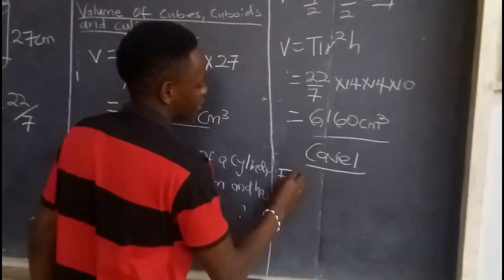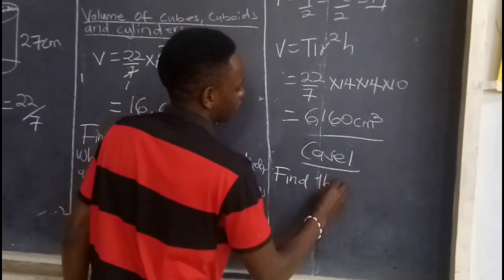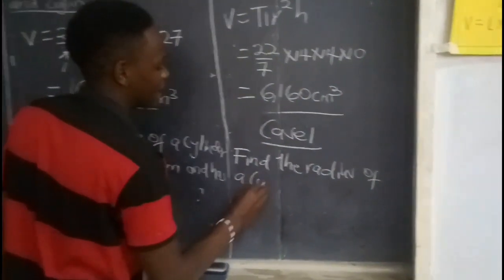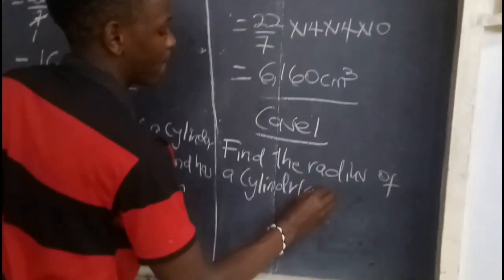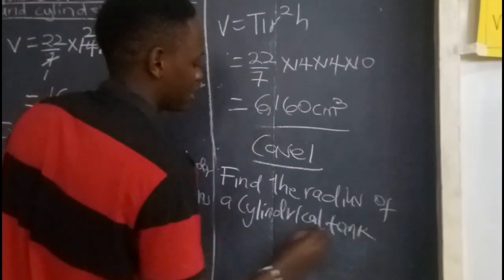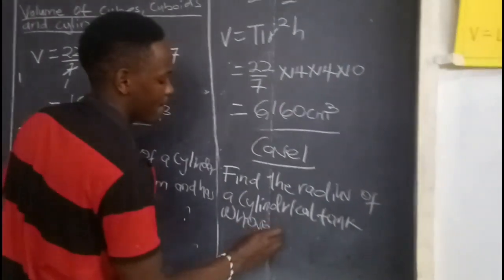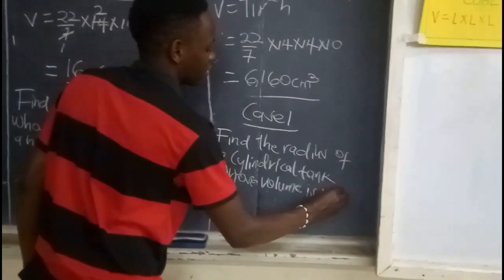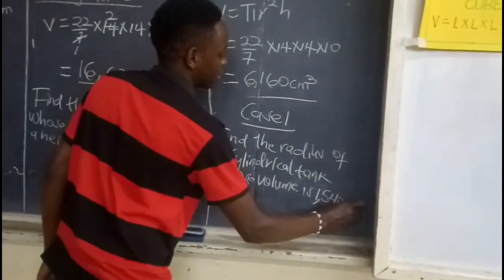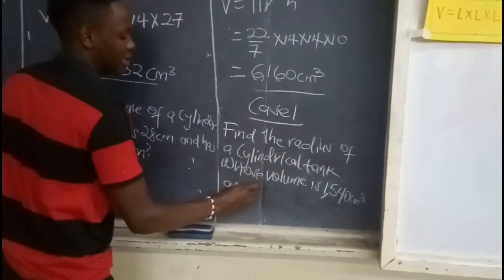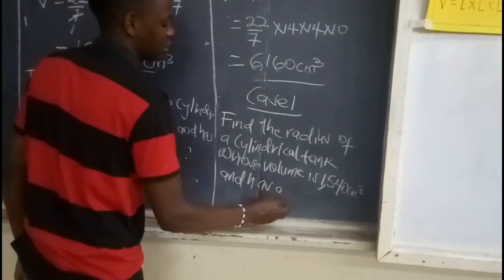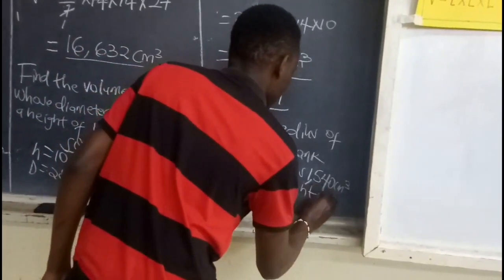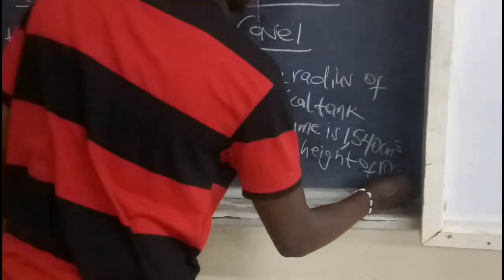So for example, find the radius of a cylindrical tank whose volume is 1540 centimeters cubed and has a height of 10 centimeters.